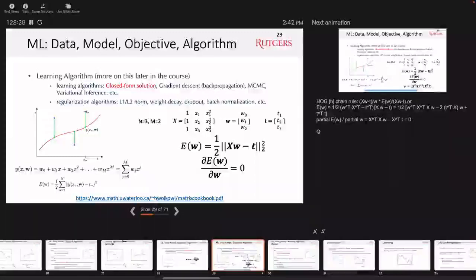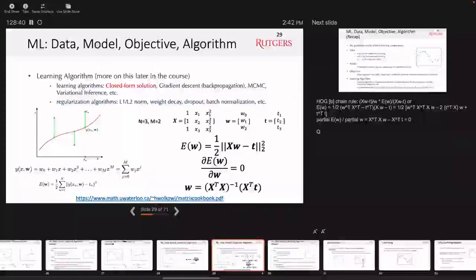After setting the gradient to 0, we're going to get some equation, and then we're going to solve that equation. We're going to solve the equation and get our w. This w is going to be our closed form solution.